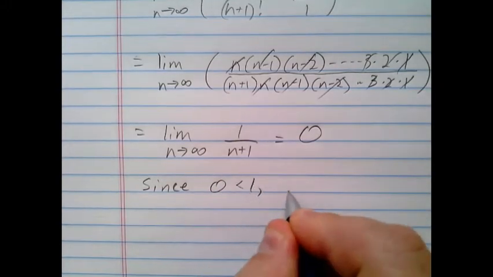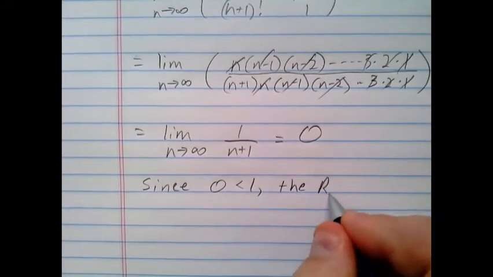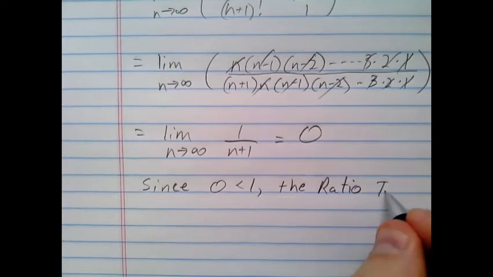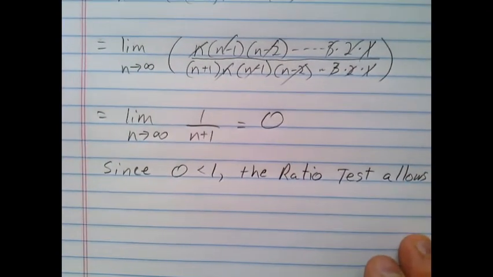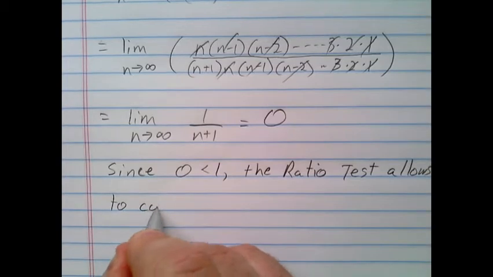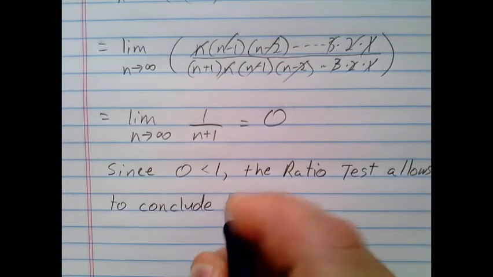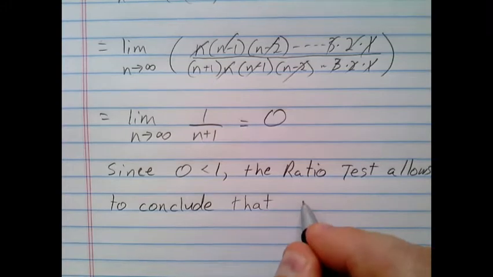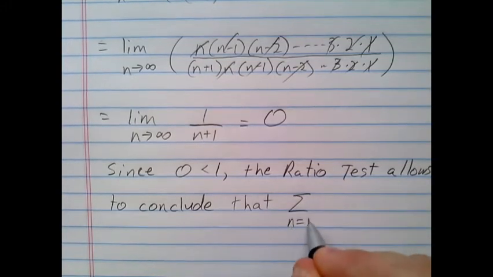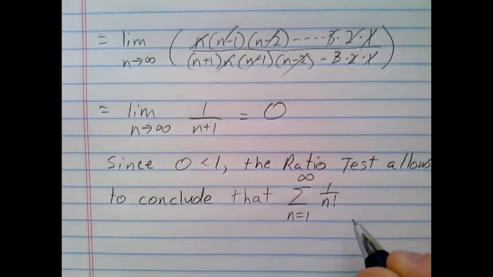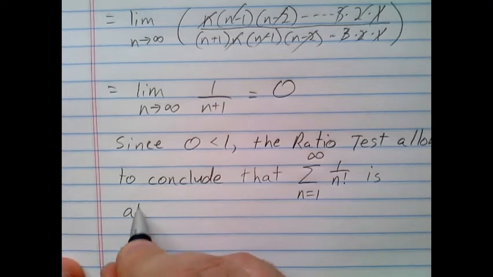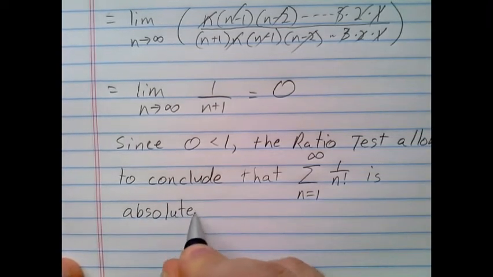Since 0 is less than 1, the ratio test allows us to conclude that this series we were talking about, the series where n goes from 1 to infinity and the nth term is 1 over n factorial, is convergent. In fact, absolutely convergent. But it wouldn't be wrong if we wrote convergent.